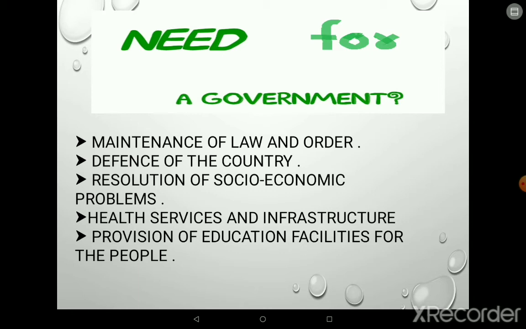For example, in our country, it is the responsibility of the government to provide free and compulsory education to all children who are below 14 years of age. The government takes care of adult education also and runs institutions for higher learning.